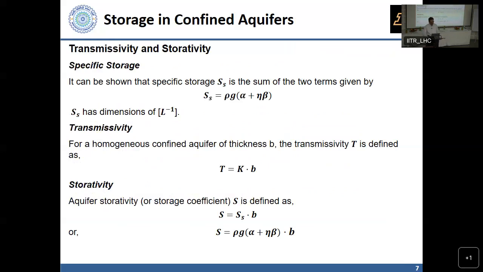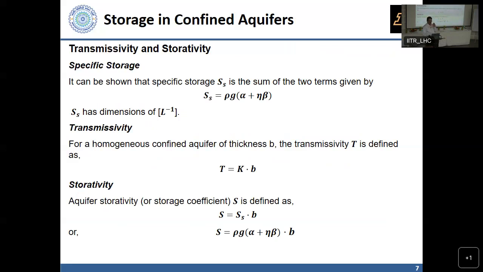We define transmissivity, if you recall, which essentially talks about the ability of the aquifer to transmit water throughout its thickness. And if the hydraulic conductivity is constant and the aquifer thickness is small b, then transmissivity is K times b. Then this becomes an aquifer property.